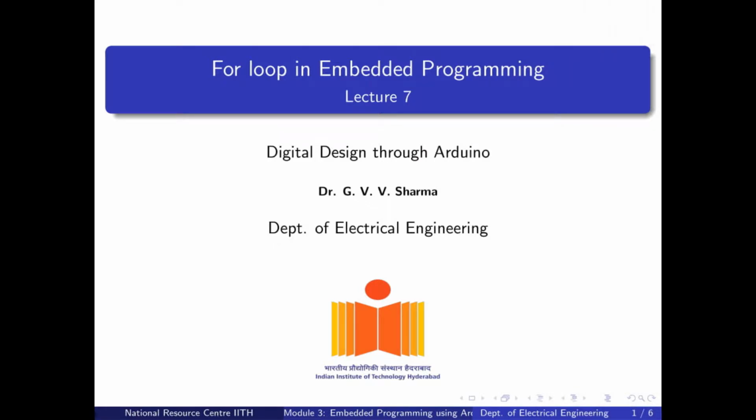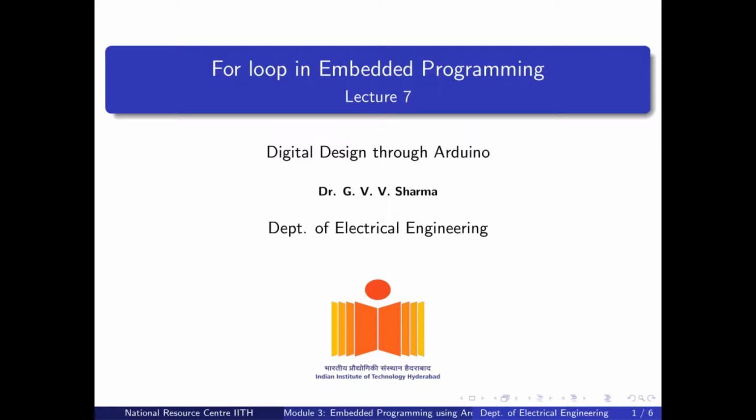In this video, we will see how to design a decade counter using Embedded C. We will use the concept from the previous lecture, that is using switch and a function in Embedded C, and will apply a for loop and design a counter that counts from 0 to 9.